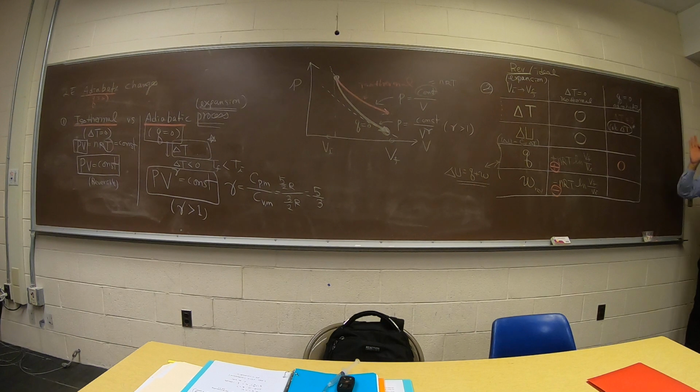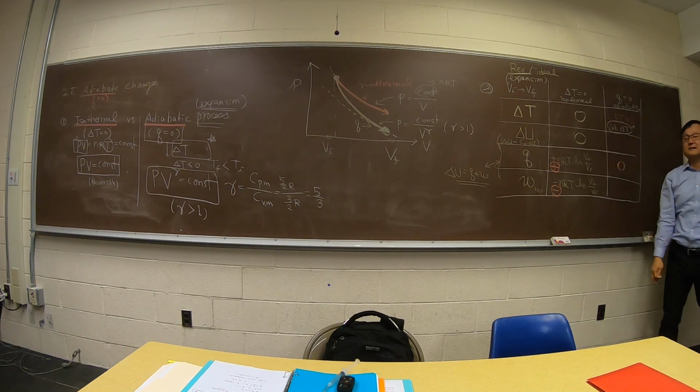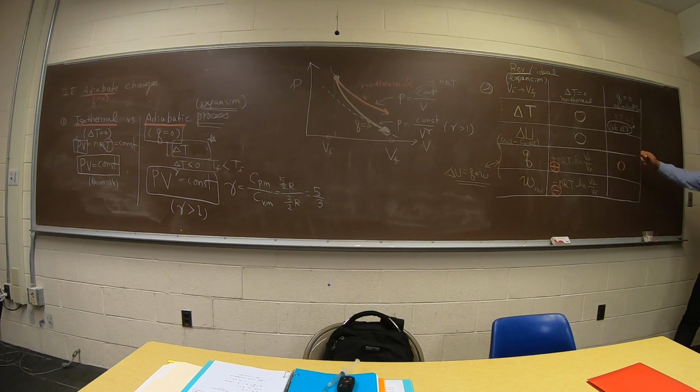And if I ever calculate my delta T for this volume changing process, I can easily say what's my delta U, which is CV delta T. Right? So this is your first step to calculate, and I'm going to show you how to calculate the pressure drop or the temperature drop in an adiabatic expansion.